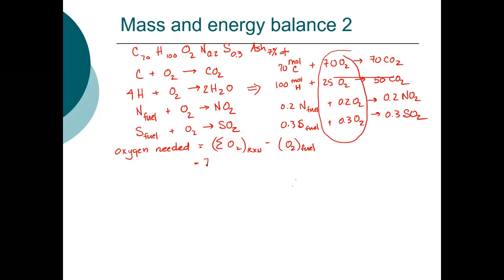So we have 70 plus 25 plus 0.2 plus 0.3. And we have 1 mole in the fuel. Now it's O2. Remember, we're looking at O2. So it's 1 mole of O2, not 2.